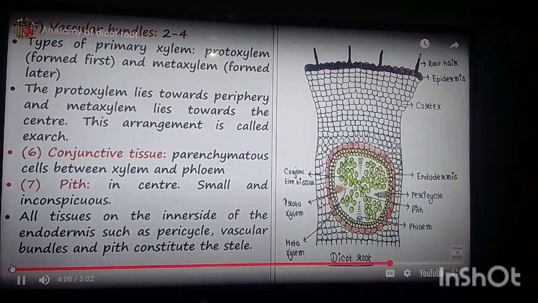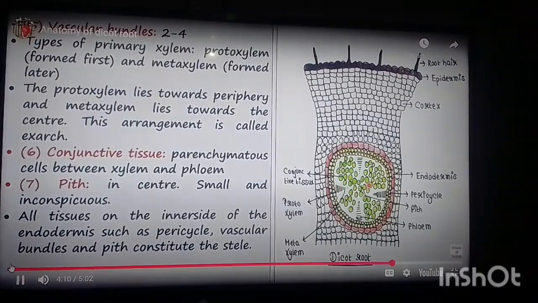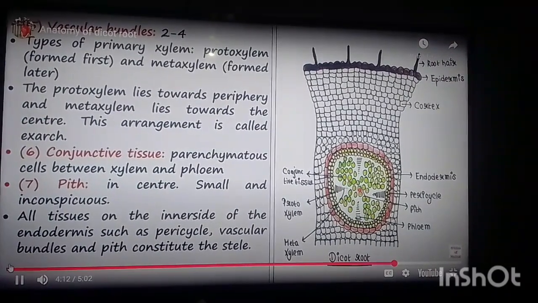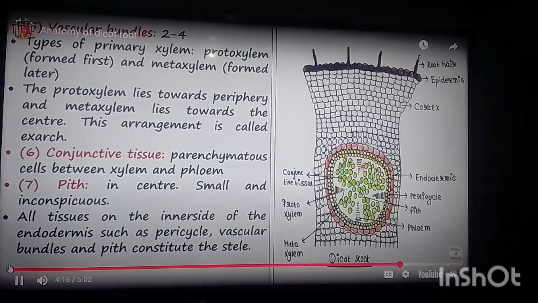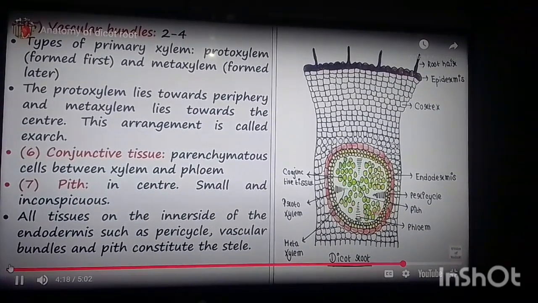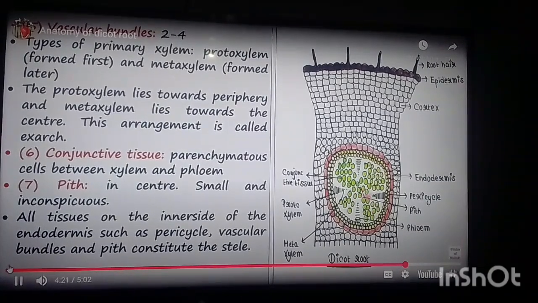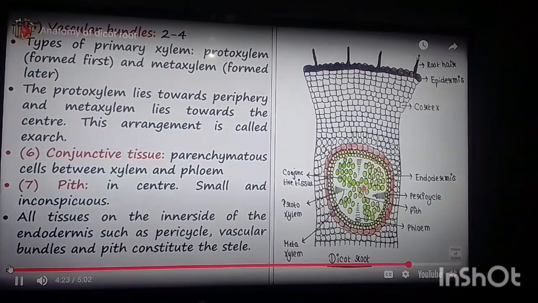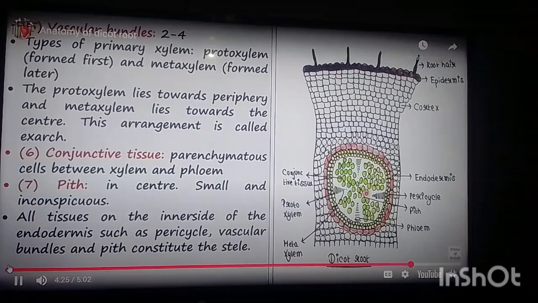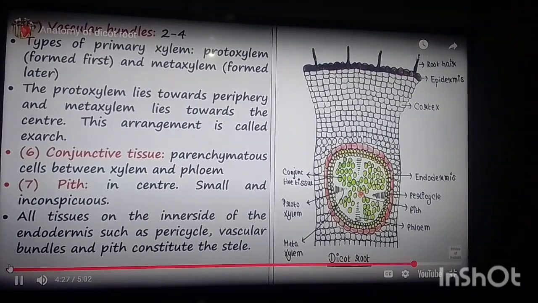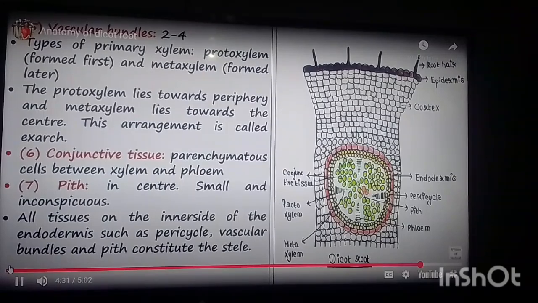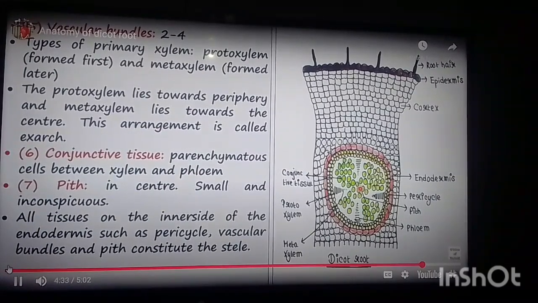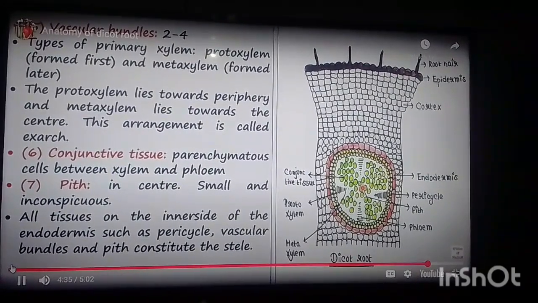Then you can find conjunctive tissues. These green cells are conjunctive tissues. You can find them between xylem and phloem, just like this. Next is pith. Pith is just the central part. In this dicot root, the pith is very small and inconspicuous, meaning it is not very distinct, not very clear.